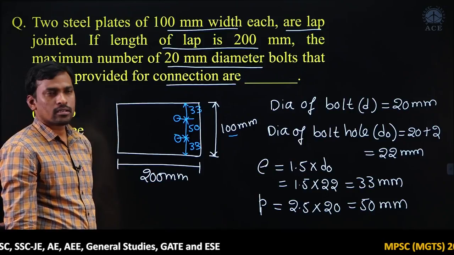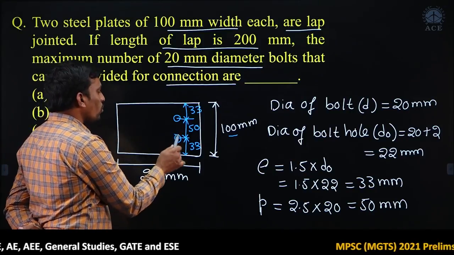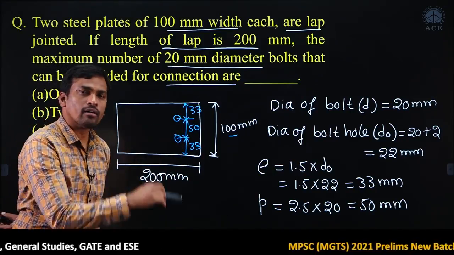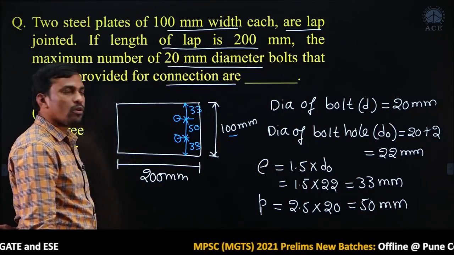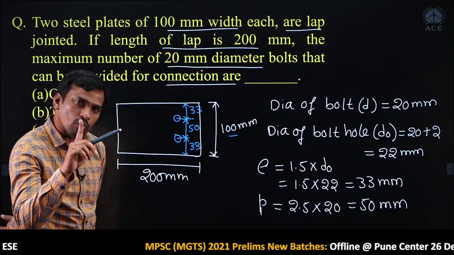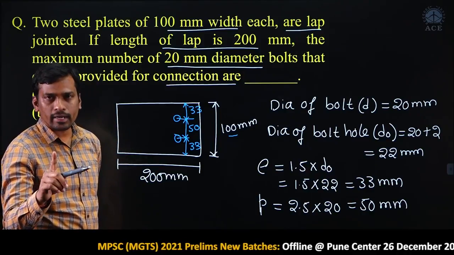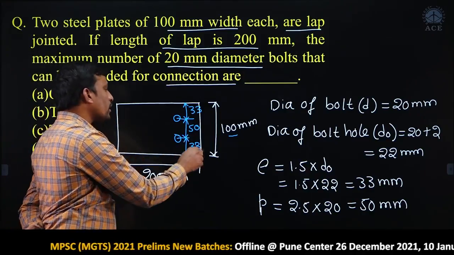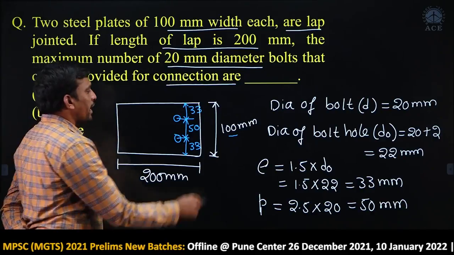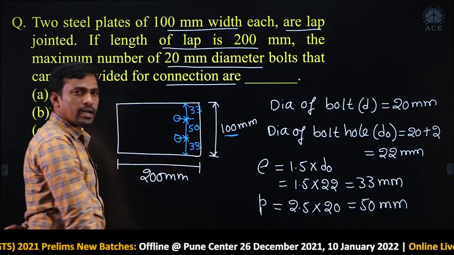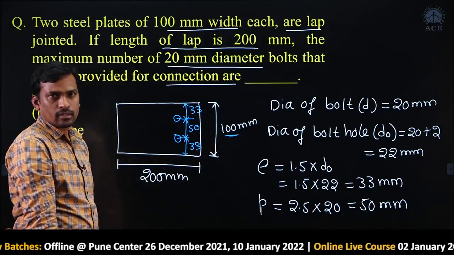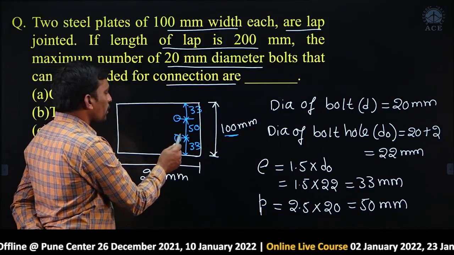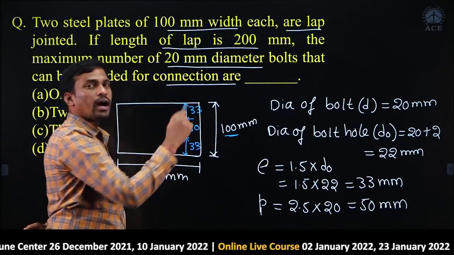It means we can't accommodate 2 bolts along the width. So, along the width how many bolts can we accommodate? Only 1 bolt along the width of the plate, because the maximum width of the plate is 100 mm only. If you provide 2 bolts, we are getting more than 100 mm width.